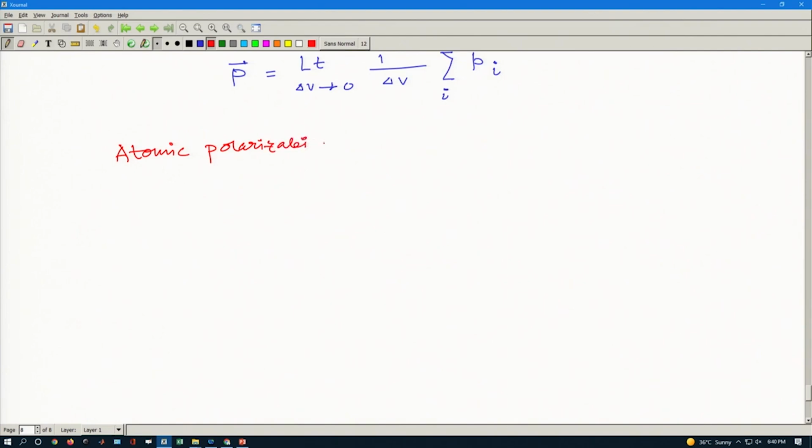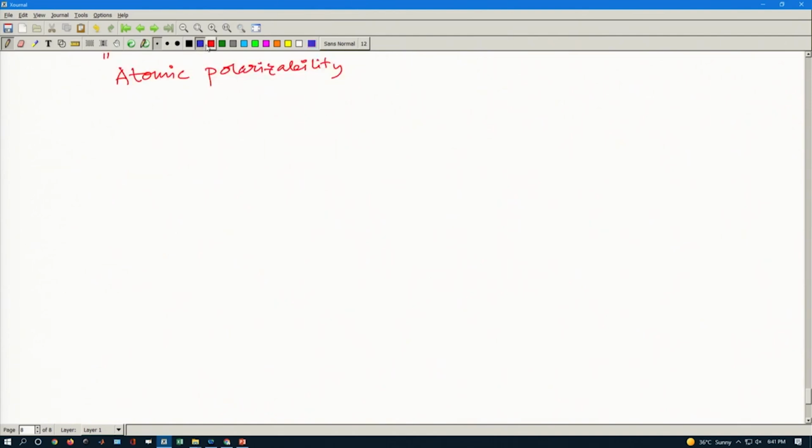This is the structure we have, and this is the external field I apply, and due to that there is a separation of the charge.